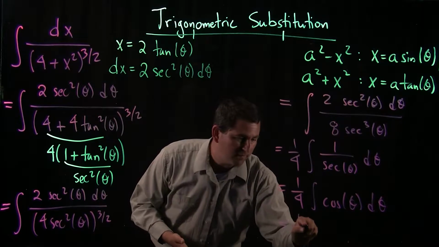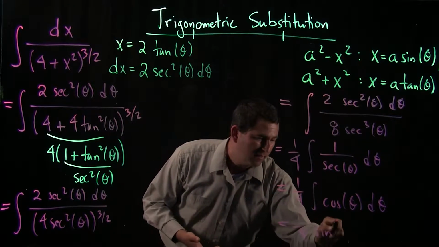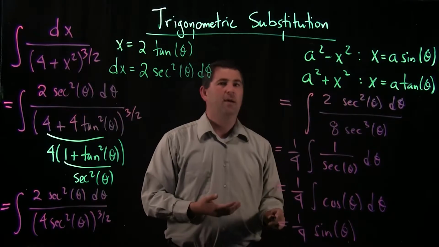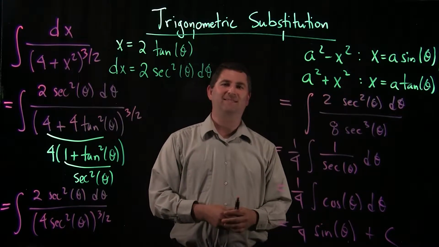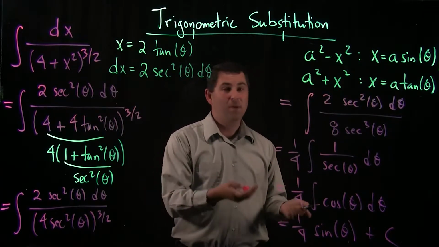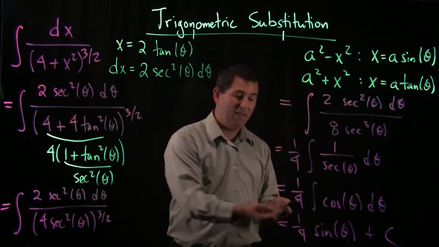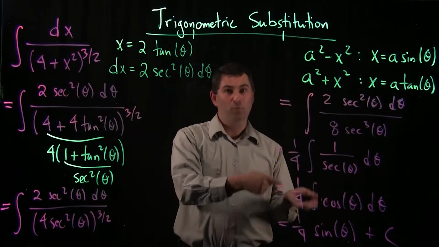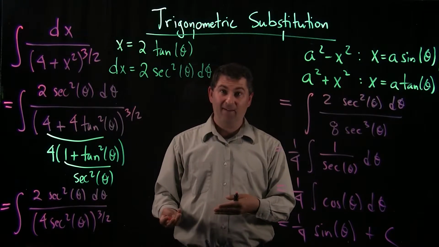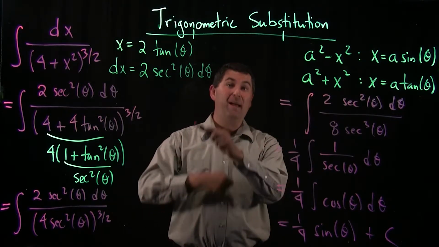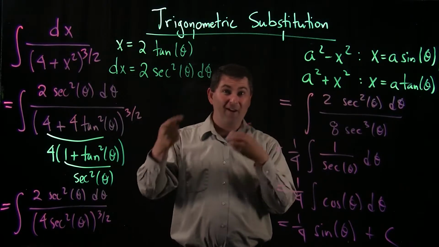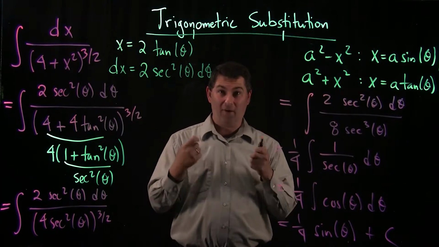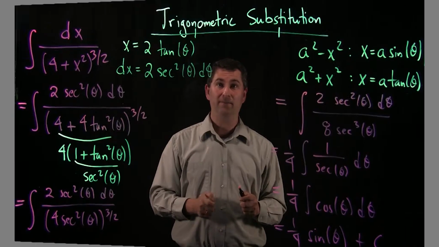So this is 1/4 sine of theta. Of course, plus a constant. Are we done? If only. Remember from the last video, if we end up with a theta, we're going to have to convert back. All right, so we got to go to step 2, and that's where we play with the right triangles and find our arc functions, etc. All right, so let's come back to this in a moment.